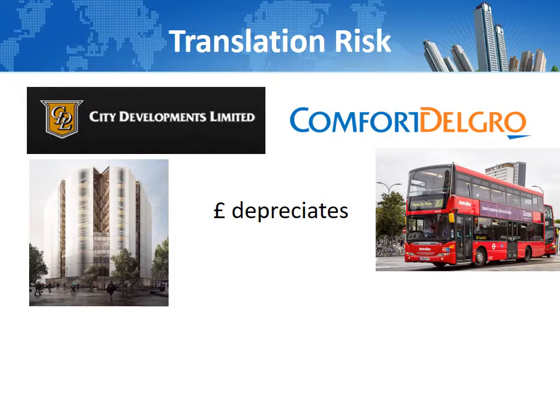And that shows on the balance sheet of the subsidiary in the UK. ComfortDelGro UK would have a balance sheet and a P&L which is valued in pounds. And at the end of each financial year, that pound sterling balance sheet and P&L will then be translated and included in the full consolidated accounts of the parent company in Singapore, which of course is done in Singapore dollars.